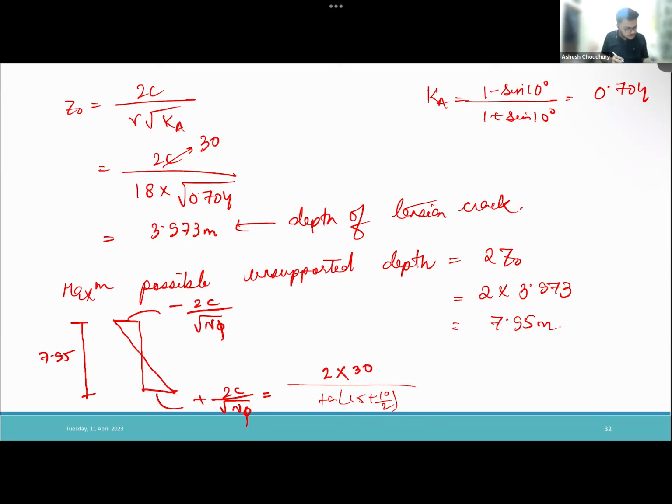Oh, sorry. Mistake. Then what should it come? Okay, angle I made mistake. 45 plus 10 by 2 is 50. So it's coming 50.34. And this is minus 50.